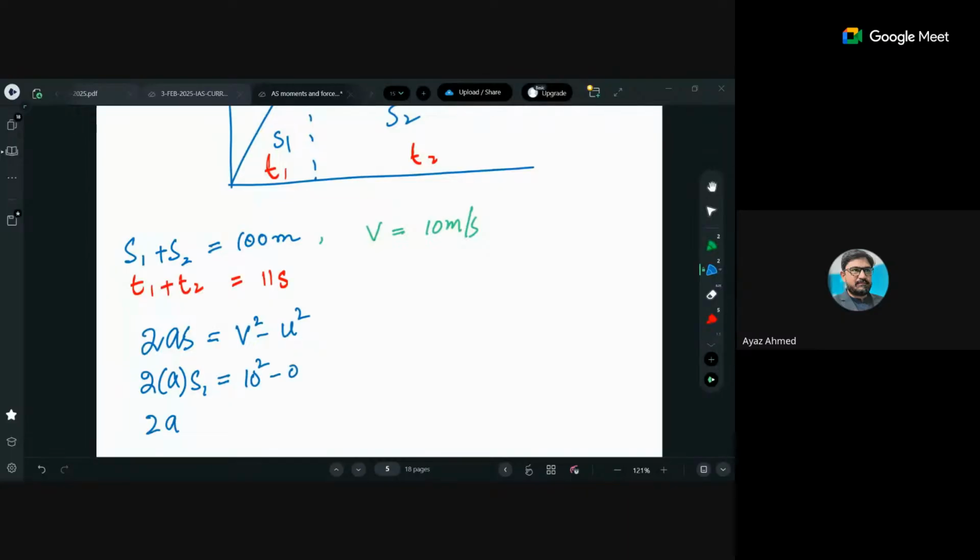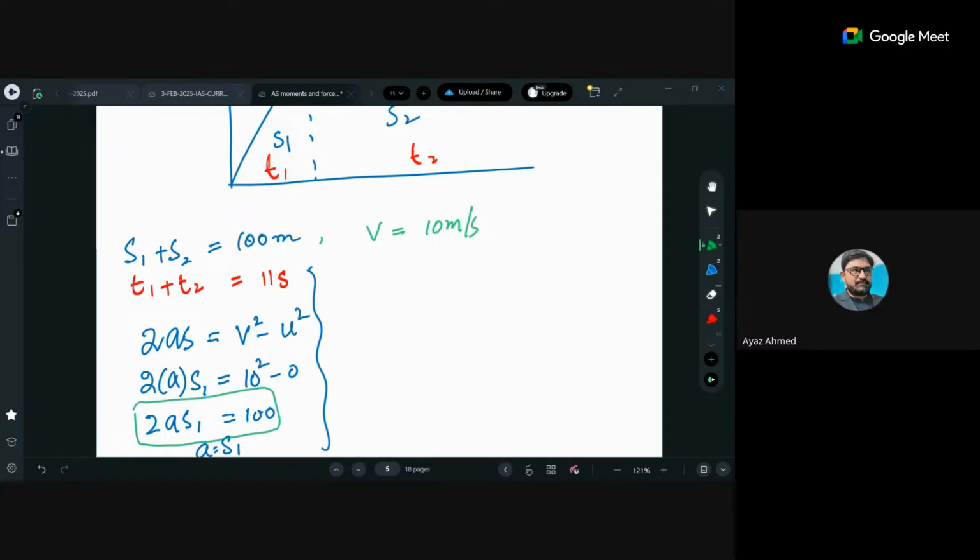So 2a into s1 is equal to 100. So you can get one piece of information from here about the distance s1, because acceleration is not known to you. So yes, you have two ways to solve this now. Okay, let me mark this equation number 1.